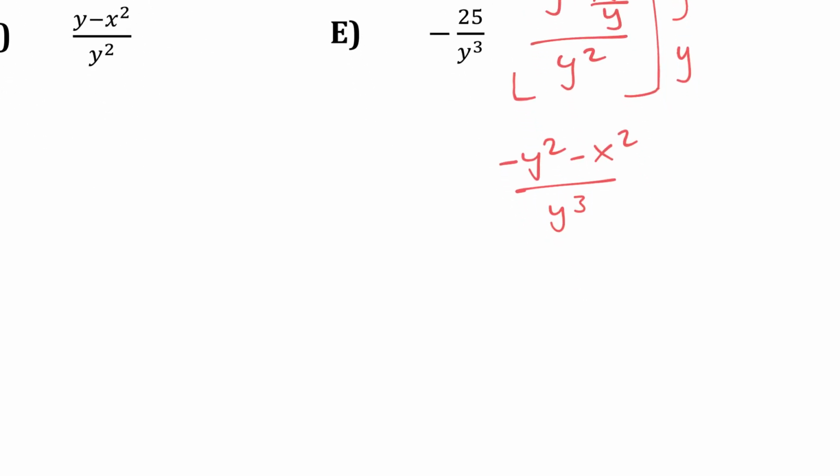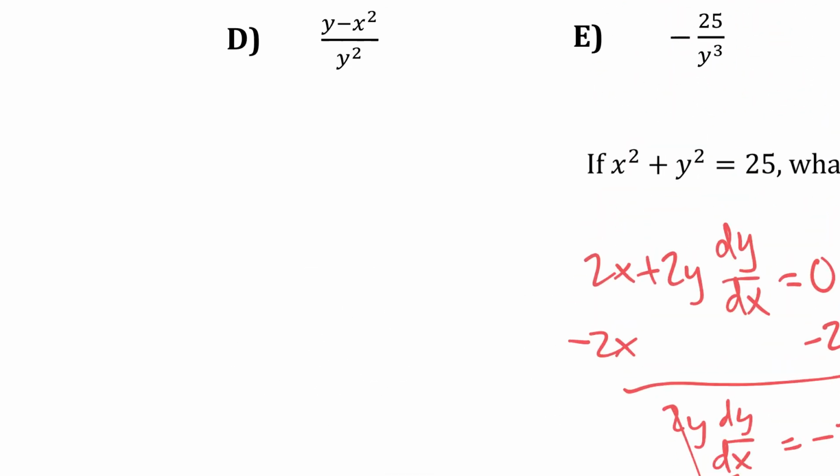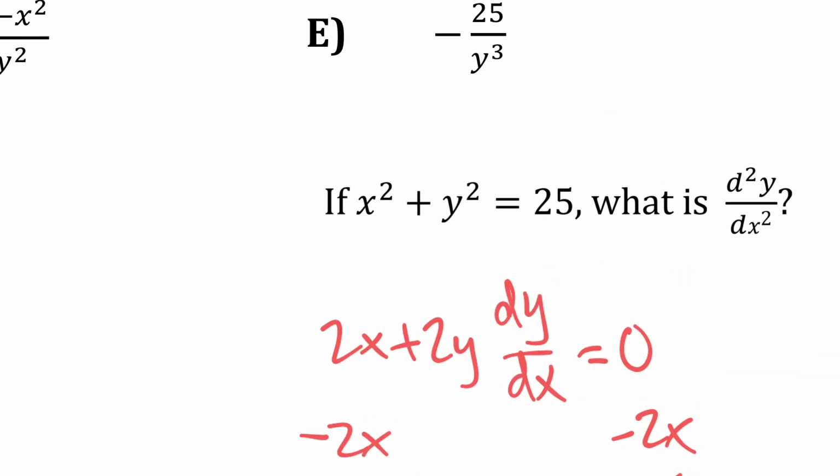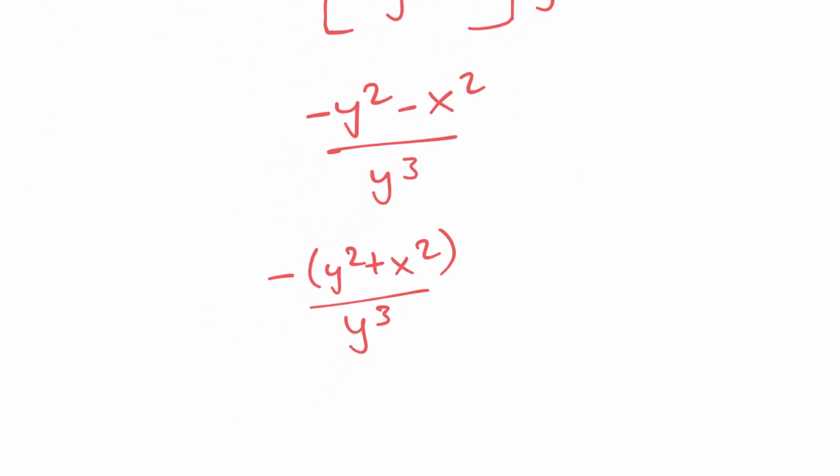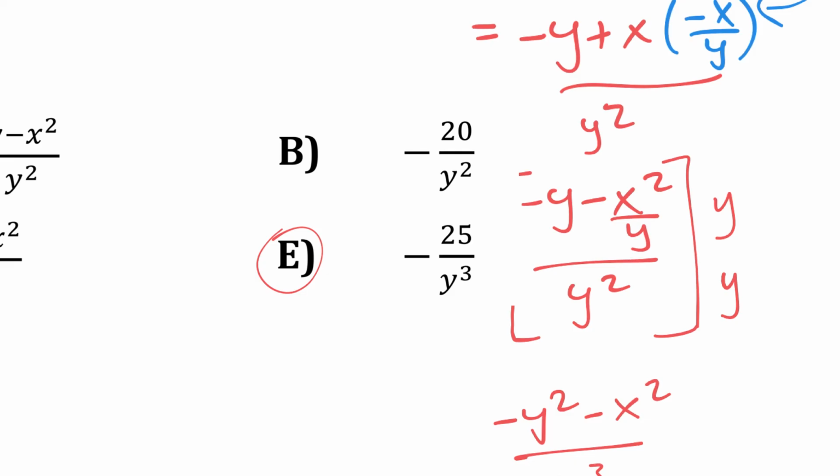So if you have that, y squared plus x squared over y to the third, and well, all the way in the beginning here, we're told that y squared plus x squared is equal to 25. And so you can put that in there as equal to negative 25 over y to the third, holy cow, which is e.